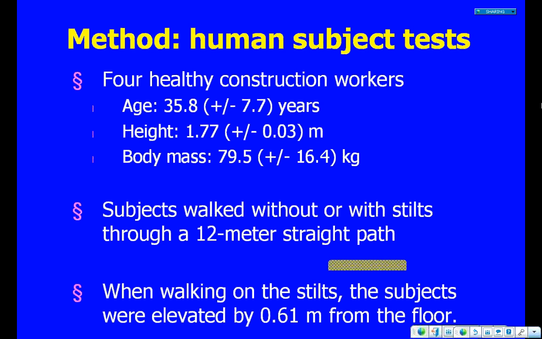The subjects walked with or without stilts along a 12-meter straight path. We want to compare the effects of stilts on musculoskeletal loading, so without stilts serves as a baseline, then with stilts we calculate again, compare the difference and estimate the effects of stilts on musculoskeletal loading. In the test, we tested only one elevated height, 0.6 meter from the ground.